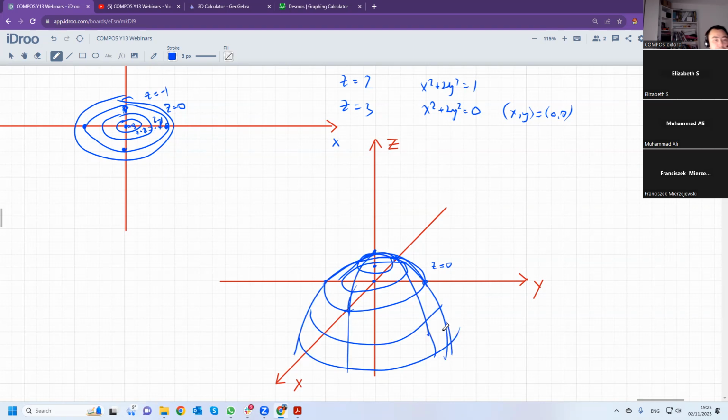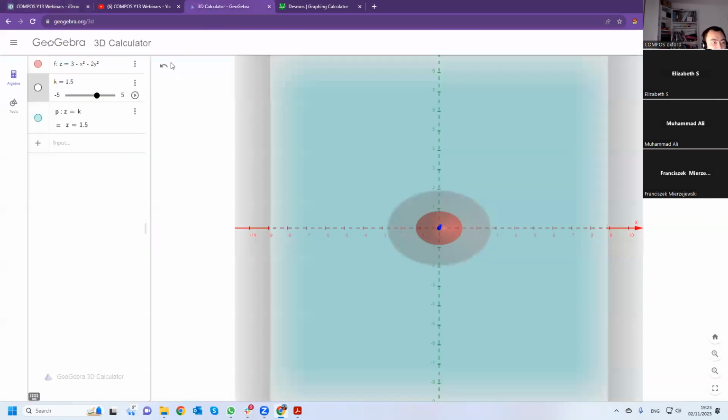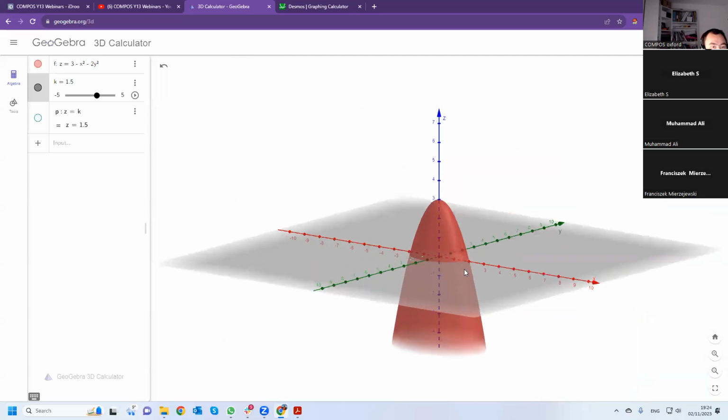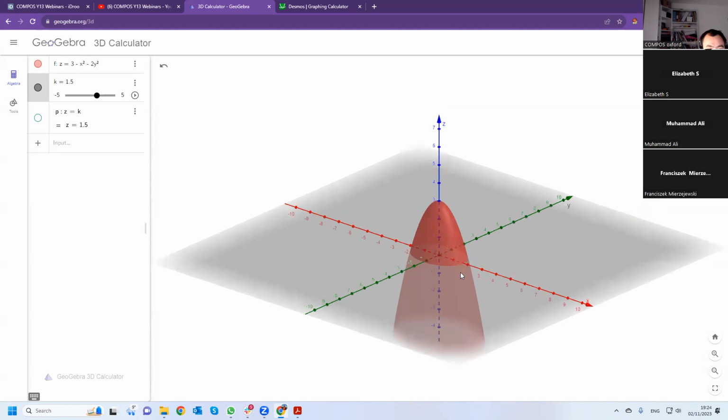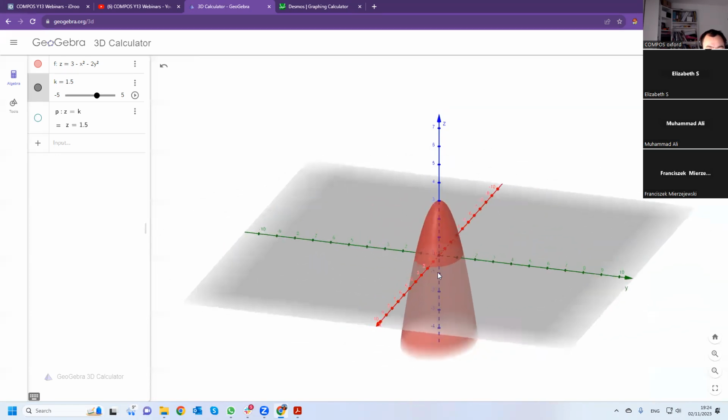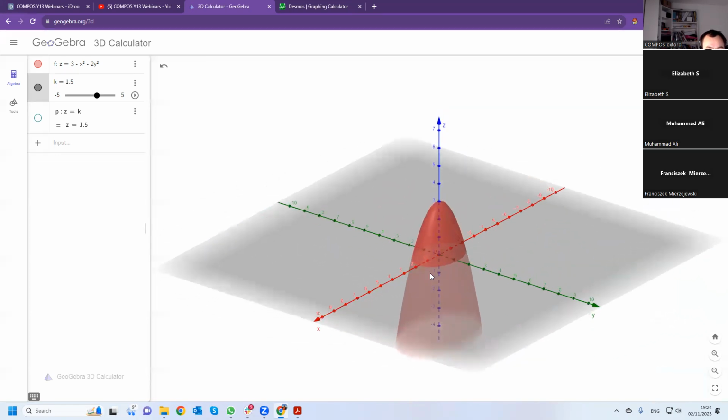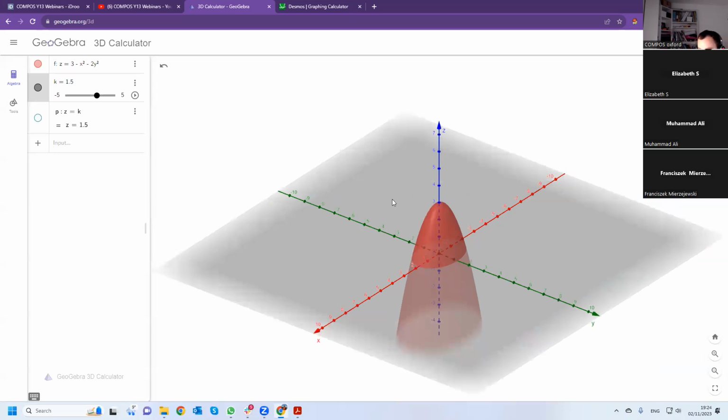Okay. Let's draw it on a 3D calculator. So here it is. Here's the shape. Here's the x-axis. Here's the y-axis. There's the z-axis.